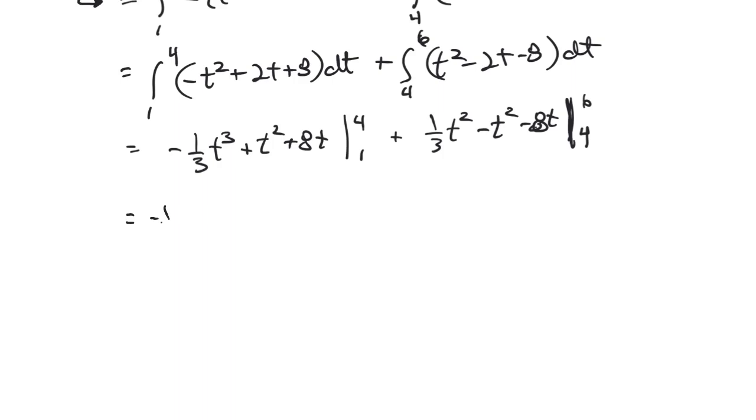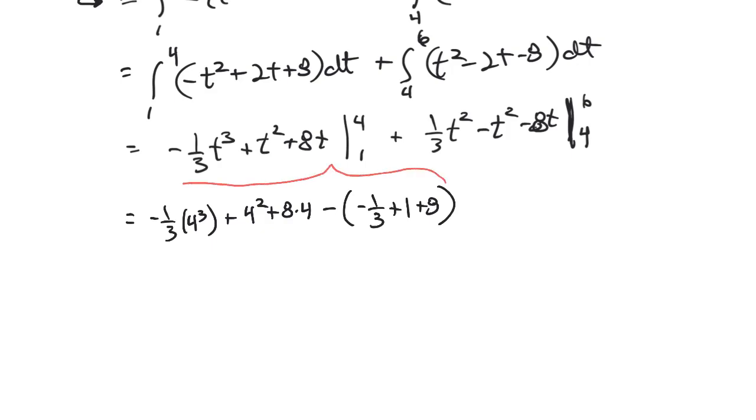So I plug in a 4, so I get negative 1/3 times 4 cubed plus 4 squared plus 8 times 4, minus, now I plug in the 1, minus 1/3 plus 1 plus 8, right? So this whole thing here is the first part. Then we go plus. Plug in the 6 here, so you get 1/3 6 cubed minus 6 squared minus 8 times 6, minus, now I plug in the 4, 1/3 4 cubed minus 4 squared minus 8 times 4.